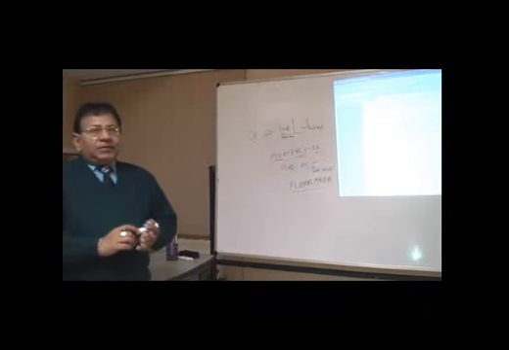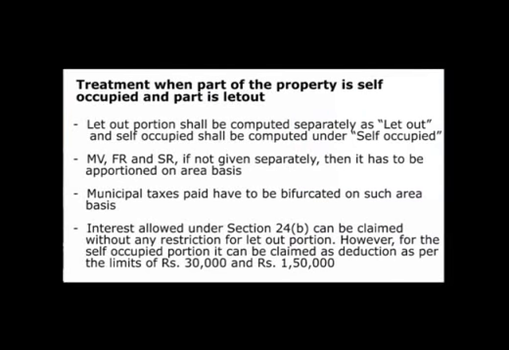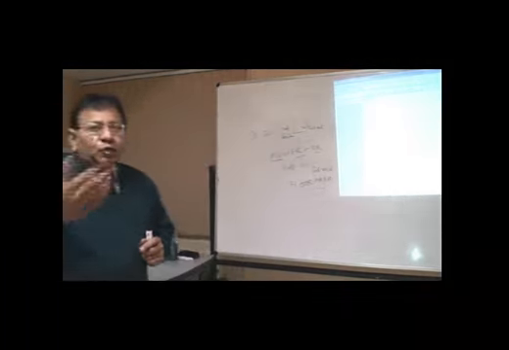Third, if the municipal taxes have been paid for the whole of the property, then the bifurcation has to be made between the self-occupied property and the let out property.